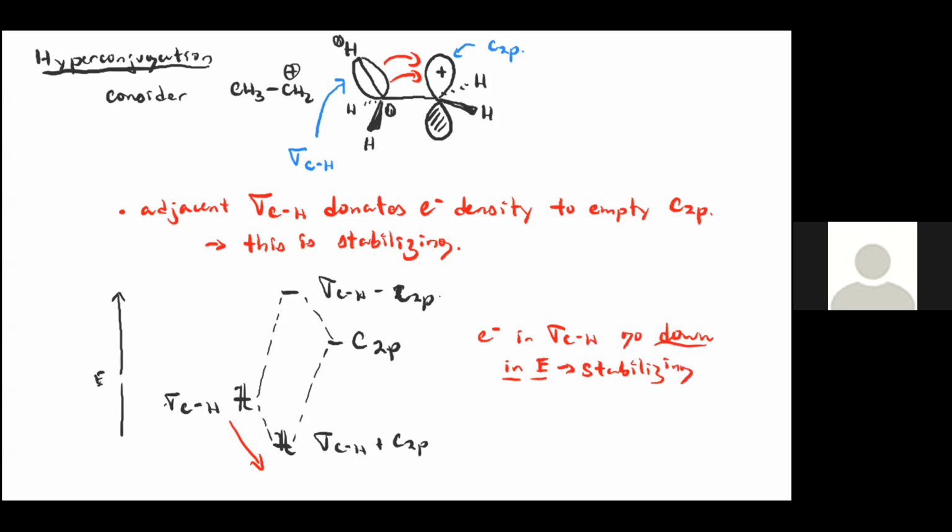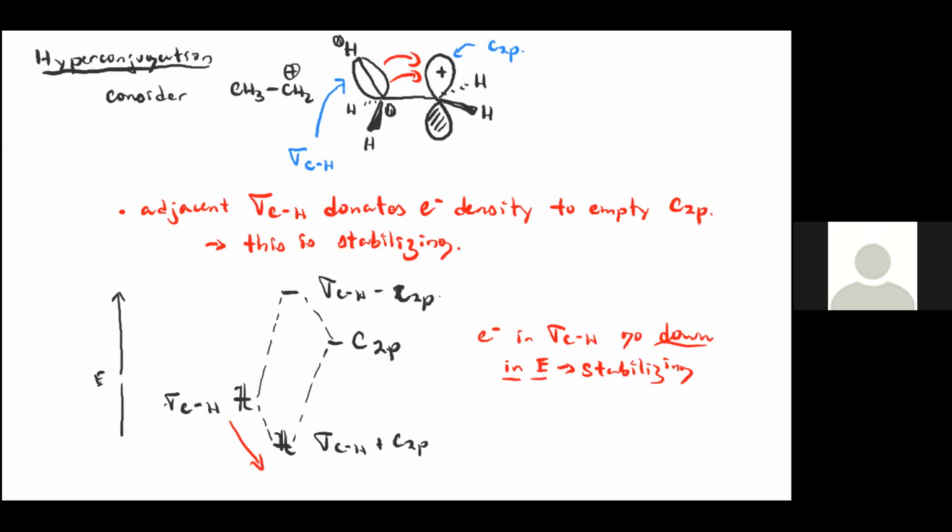And let me just say it one more time. Hyperconjugation is the overlap of a sigma CH bond with an empty 2p orbital. The MO diagram is on the bottom here, and we can draw all sorts of perturbations for this to describe tons of other types of interactions.